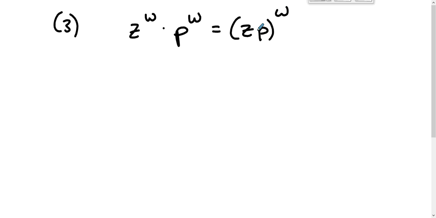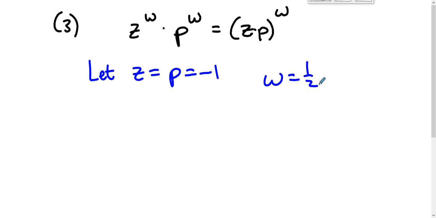So, tiebreaker time. Does that hold or not? Let z and w both be negative 1. Let w be a half. Watch what happens.